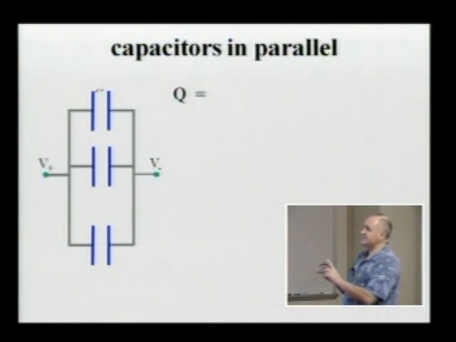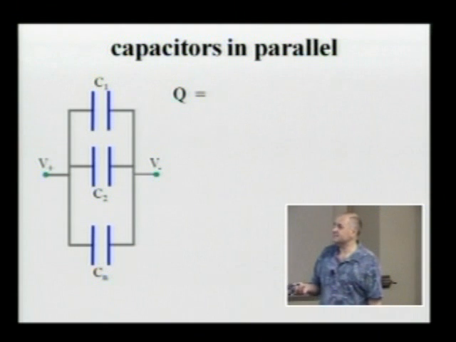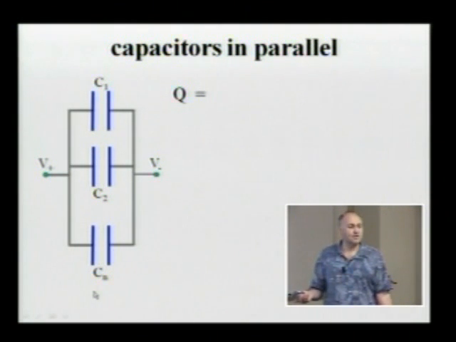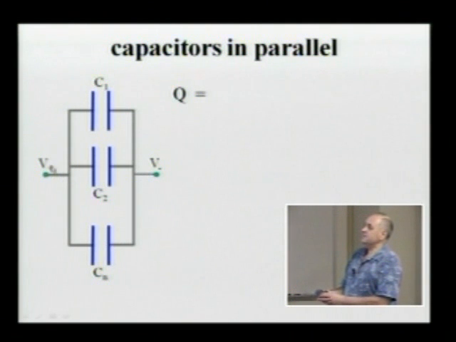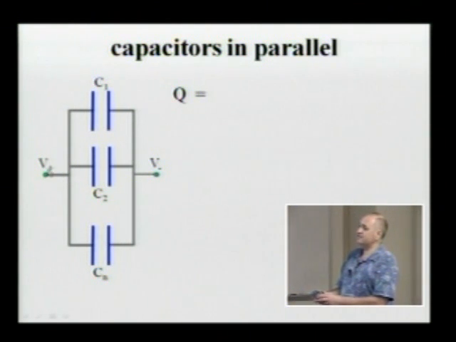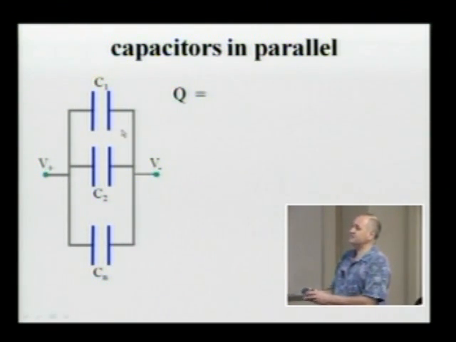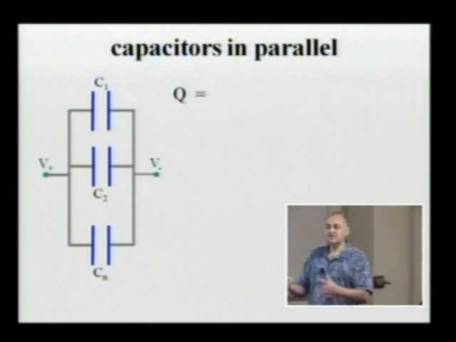All right, now let's say that capacitors have capacitances C1, C2, and so on. And I have potential difference, potential here V plus, V minus. So what will be the charge? Can I find the charge on this capacitor? In other words, charge transferred from one side to the other side. Can I find it? Yes.